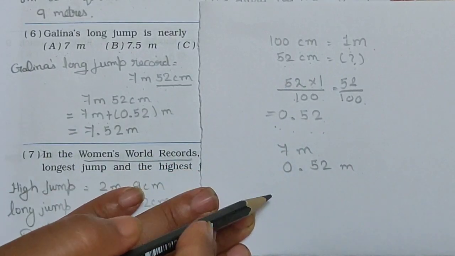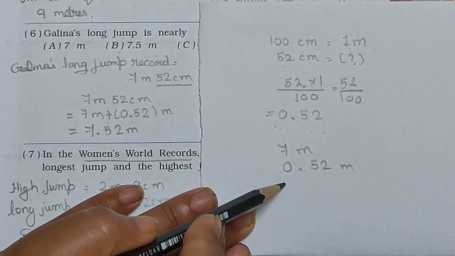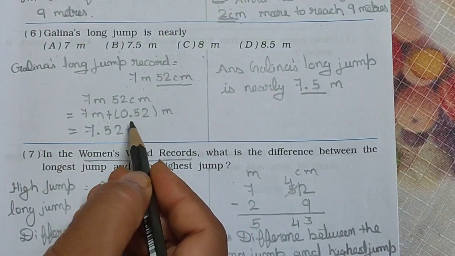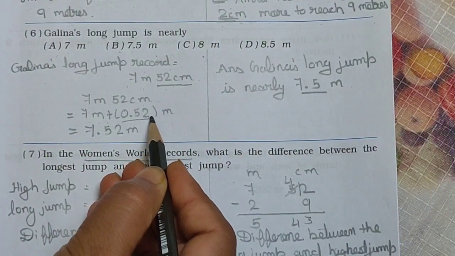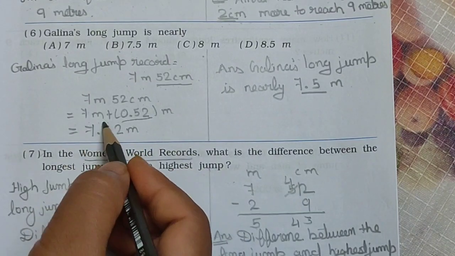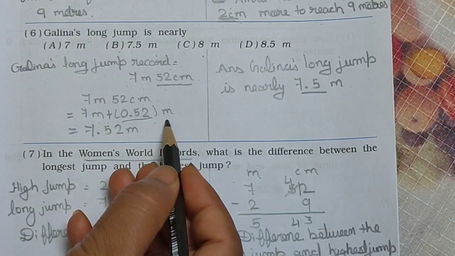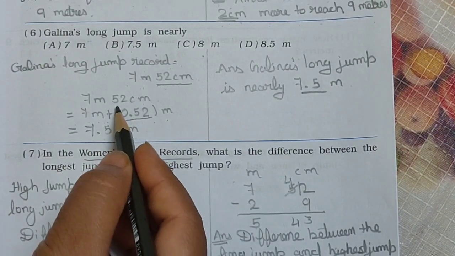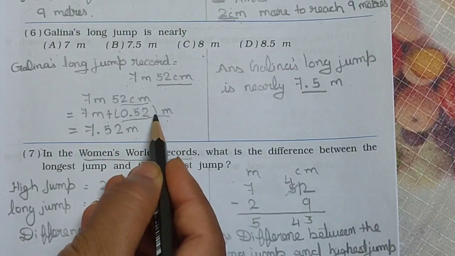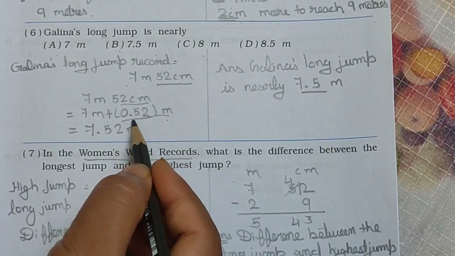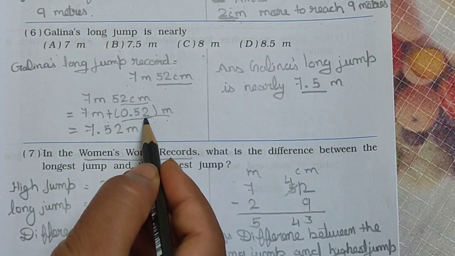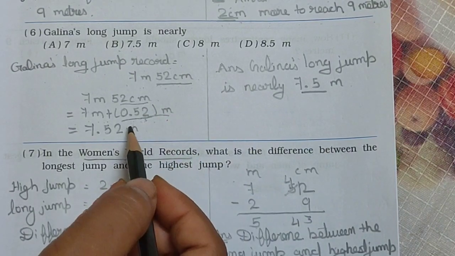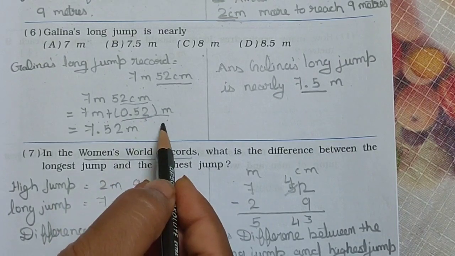Therefore here the answer is 7 meter plus 0.52 meter. Now if we add 7 meter plus 0.52 meter, then we get 7.52 meter. Here we have converted this centimeter into meter. That's why we get the answer 0.52. That's what you have to notice. You might think, where did this come from?